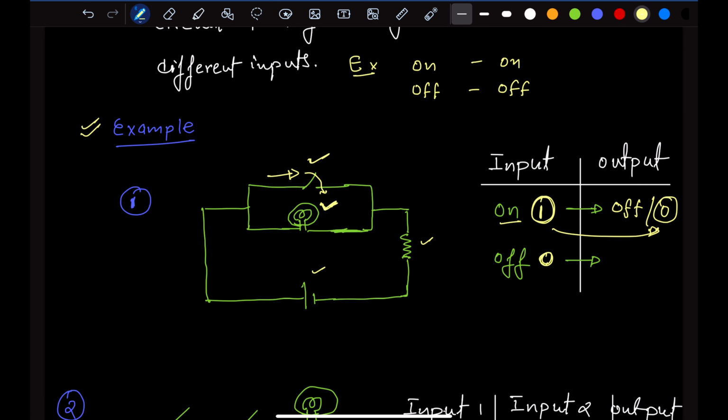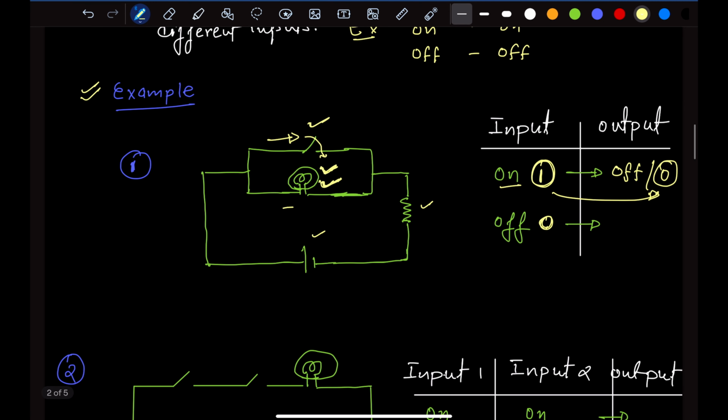Then the output will be that this bulb will become on, right? Because the current will now be passing through this bulb. So that is 1. So when you give the input 1, the output is 0. When you give the input 0, the output is 1.